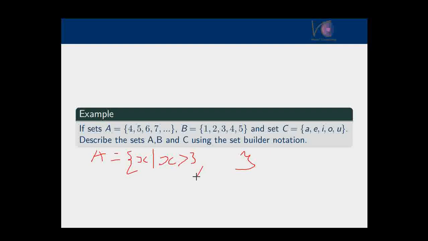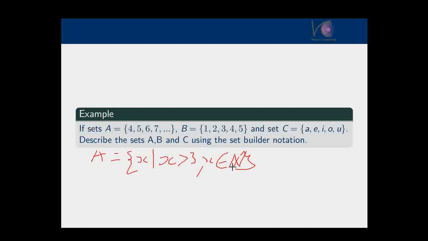I'll say this X is a member of, remember, in the notations of sets, we defined what member of means. Then I'll say the natural numbers. Why have I said this? Think. Take some time, you can pause the video and think of what is happening.